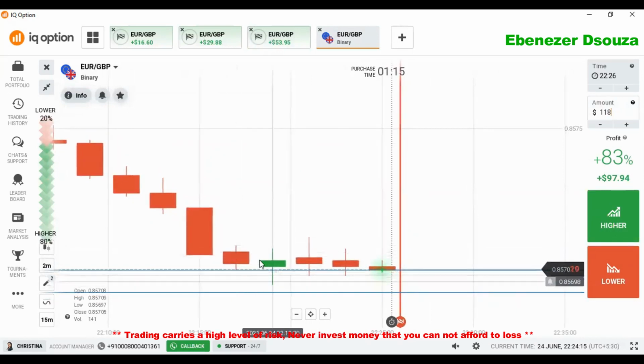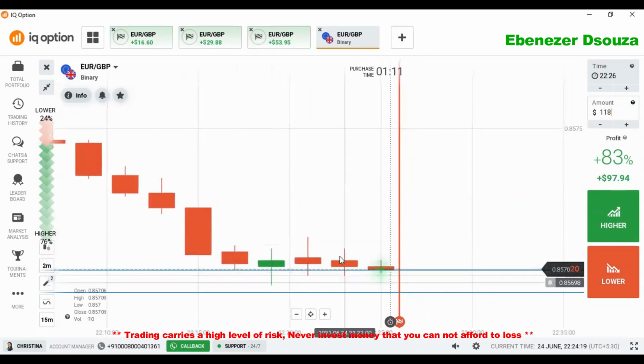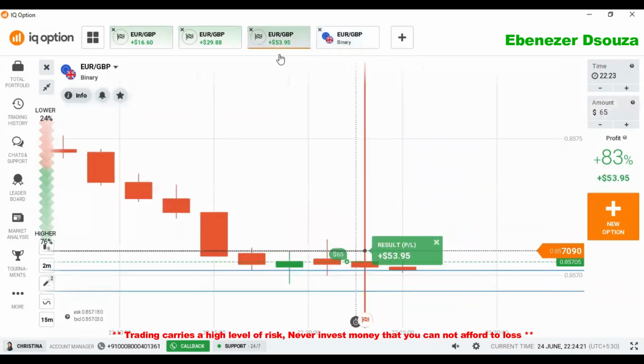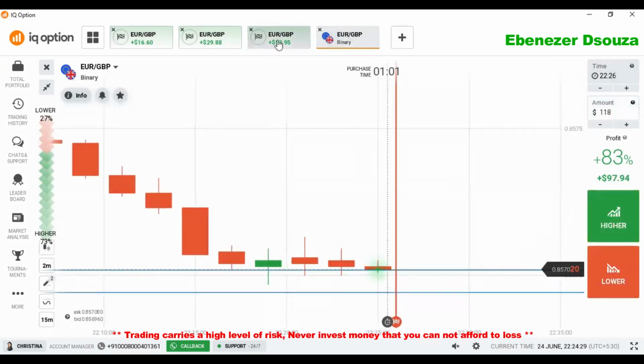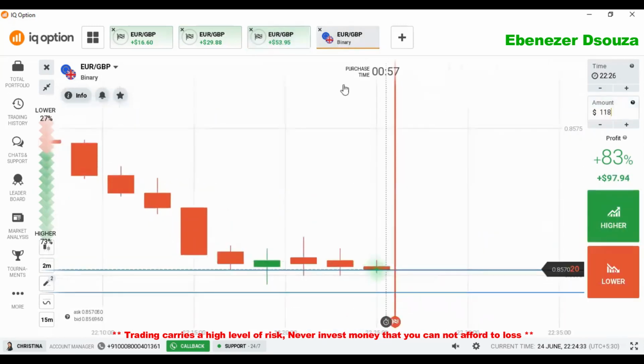So the market is not moving from this range, so it's better to avoid trading this pair. So this is my luck. By mistake I placed my trade for 1 minute expiration. That's why I got this loss. So sometimes it will happen, so we do not worry.